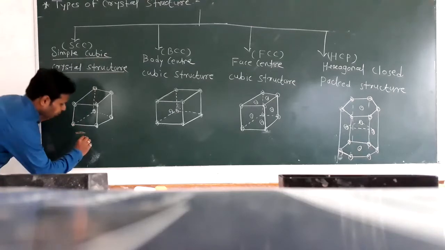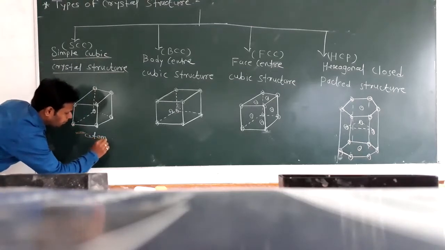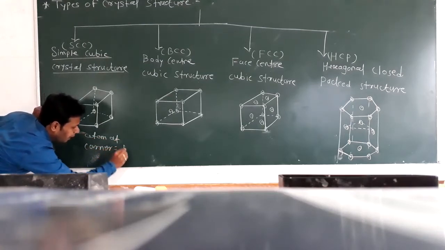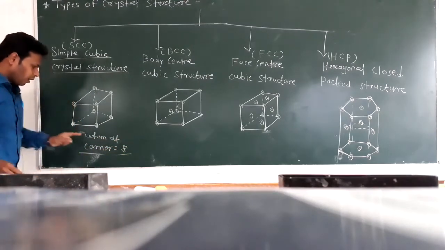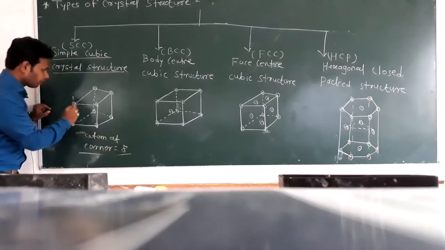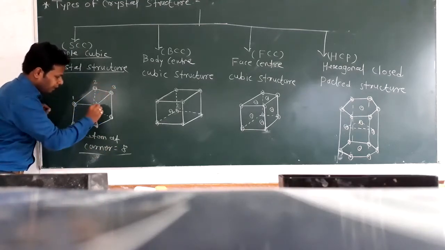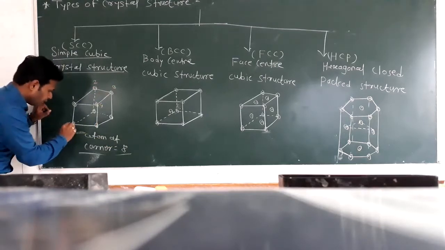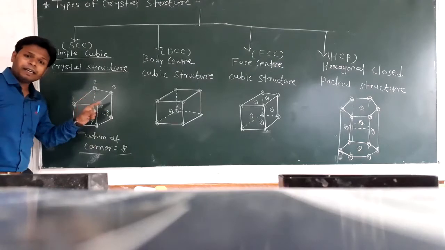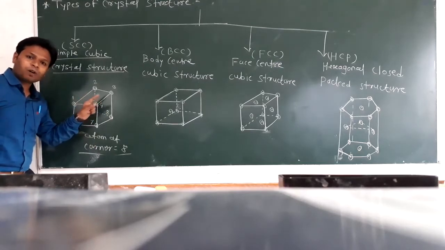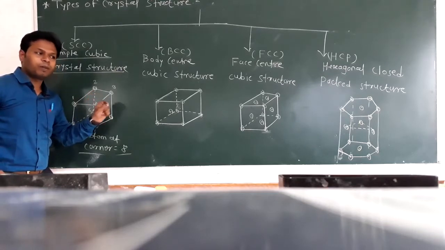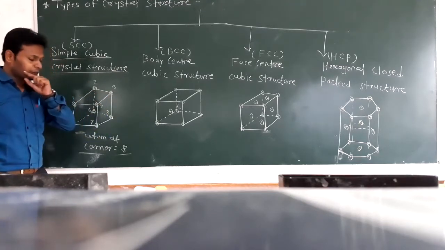See here, atoms at corners equal 8. This is 1, 2, 3, 4, 5, 6, 7 and 8. These 8 atoms placed at the corners of the crystal structure are known as simple cubic crystal structure.